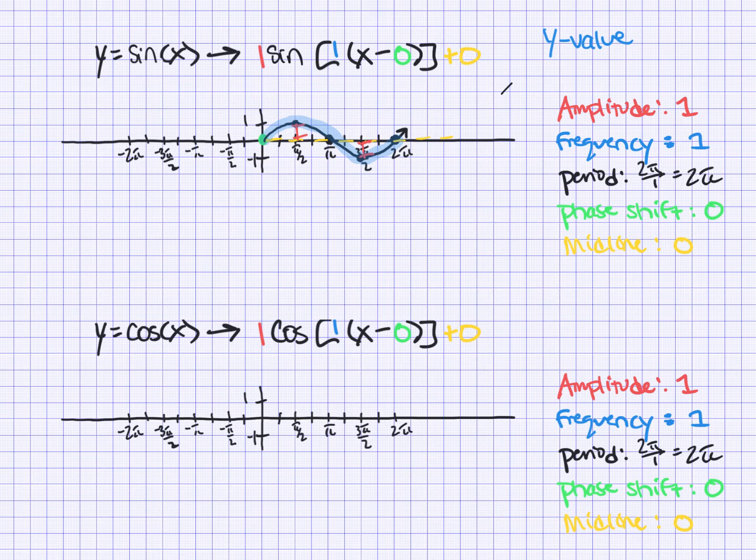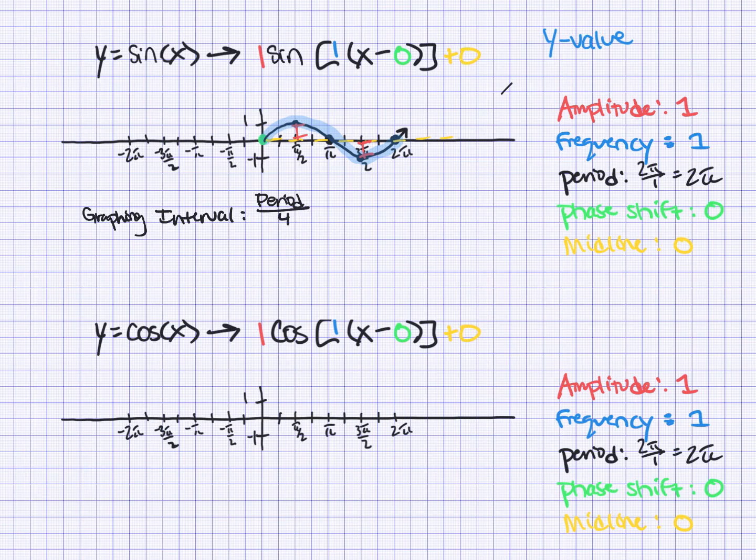Now, I was counting specifically from the unit circle, but you can also use a graphing interval. A graphing interval is when you take the period and divide it by 4.